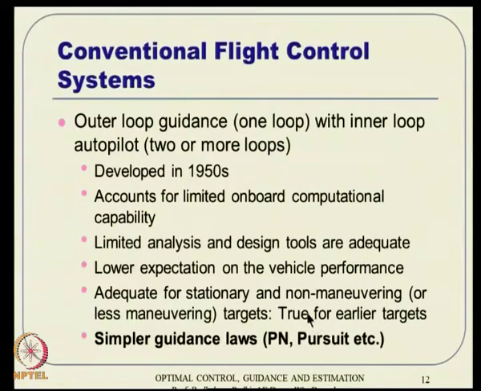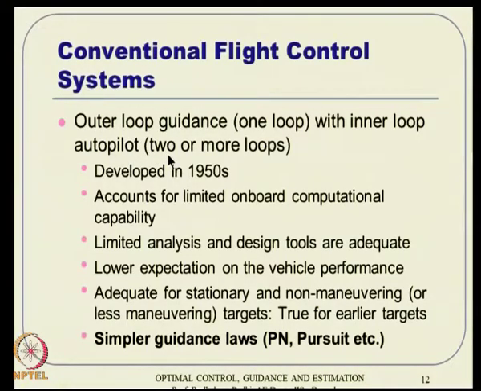Alright, so then the conventional flight control system is typically designed this way. We have an outer loop guidance, obviously one loop, with an inner loop autopilot. That means whatever guidance gives, lateral acceleration commands and things like that, the inner loop has to track, and this inner loop is again divided; it can be synthesized in 2 loops or more than 2 loops.